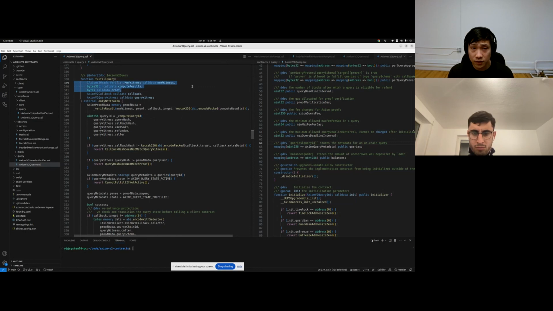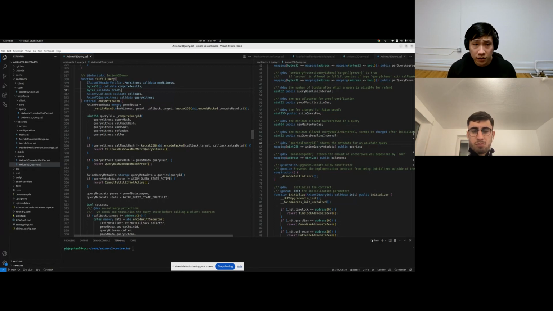The first three arguments are the ZK proof, which verifies the results of the user's query, and then some witness data, which allows us to reconcile that proof against Axiom v2 core and the actual results. And finally, we have some data pertaining to the callback and the query that are essentially here for gas optimization purposes. We're storing mostly commitments to the user's data, and then we provide them as witnesses and some of the function arguments to save gas.